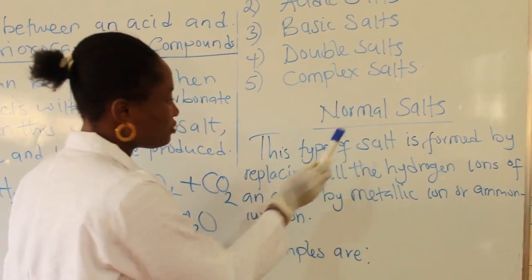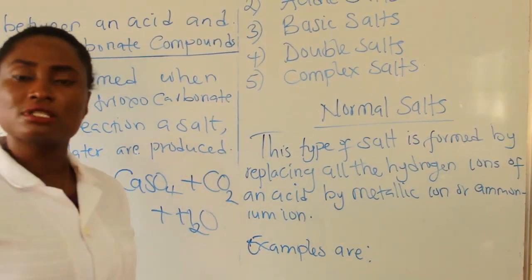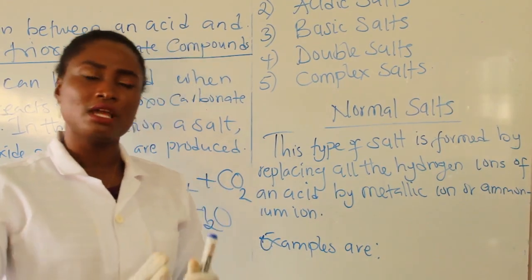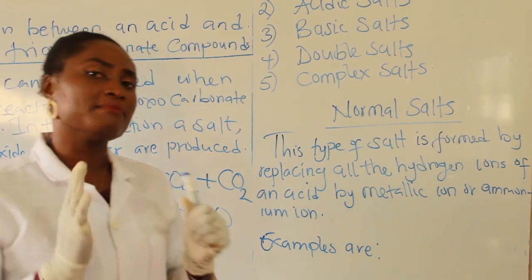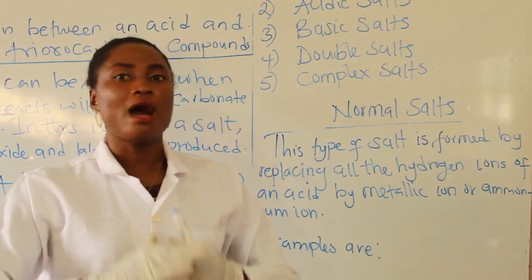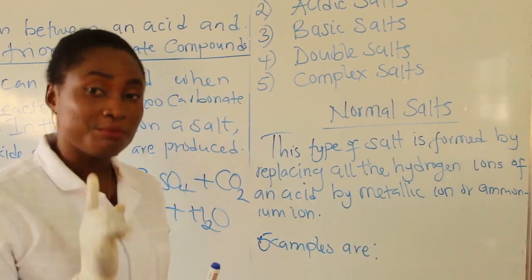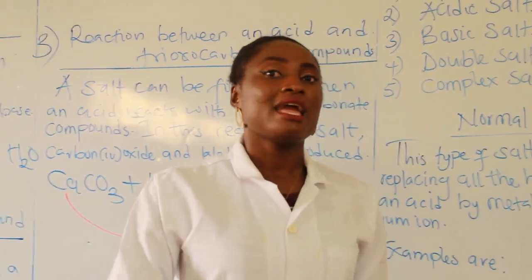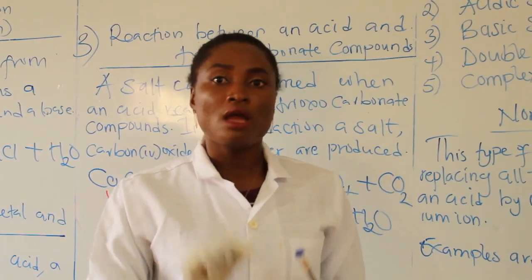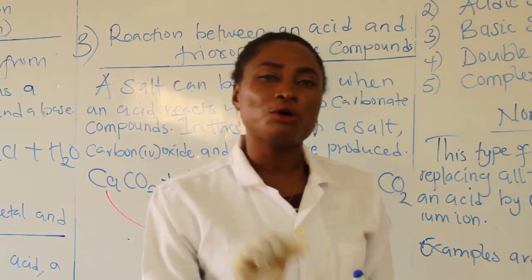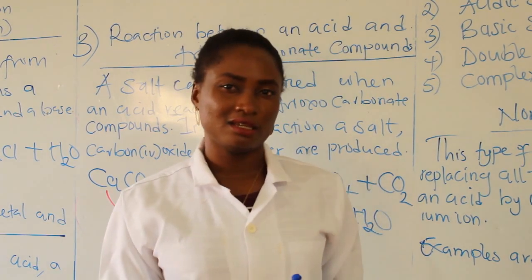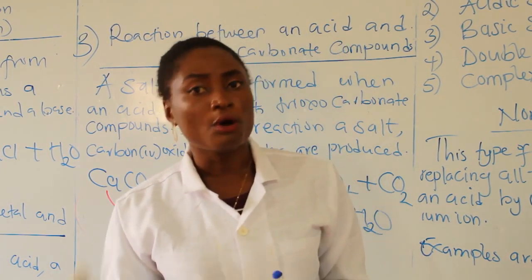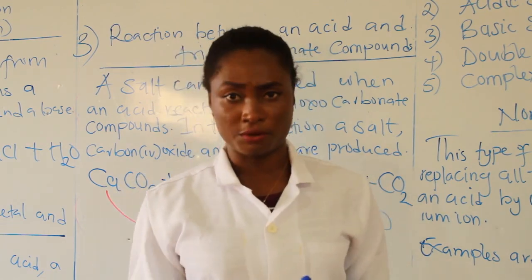Now, this normal salt is formed by replacing all the hydrogen ions by a metallic ion or ammonium ion. Remember, when we started this topic, we stated that a salt is formed when the hydrogen ion of an acid is replaced by a metallic ion or ammonium ion.